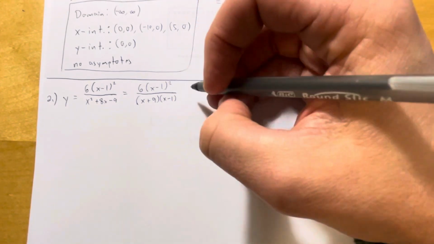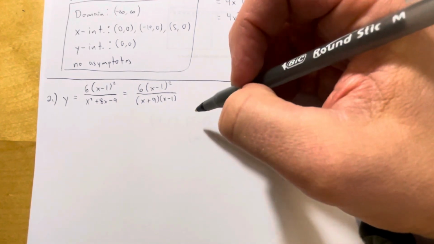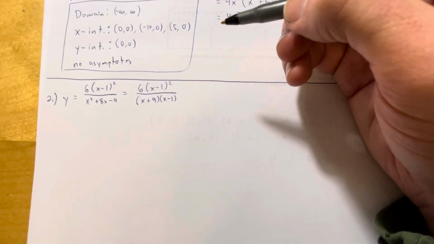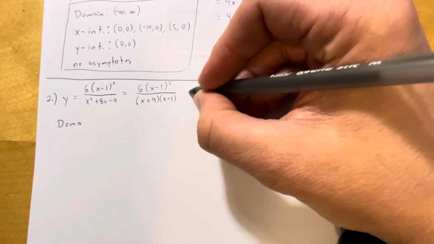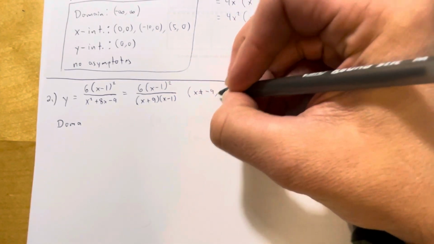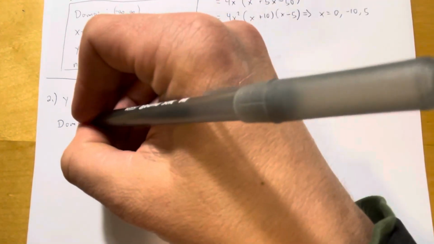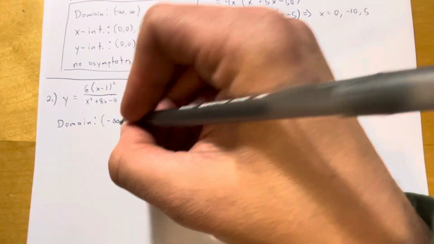And I can see from that if my x is either equal to negative 9 or positive 1, then I'm going to have discontinuities. So my domain cannot include either of those values. So what we're seeing here is that x is not equal to negative 9 or 1. Okay. So my domain, I would typically write in interval notation.